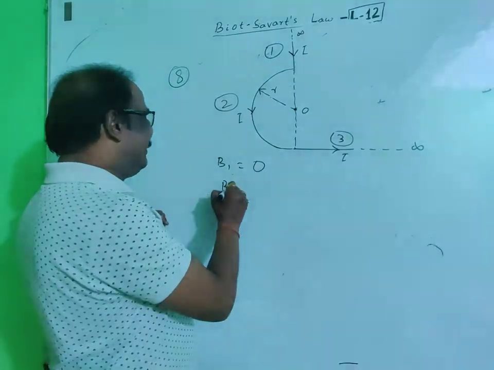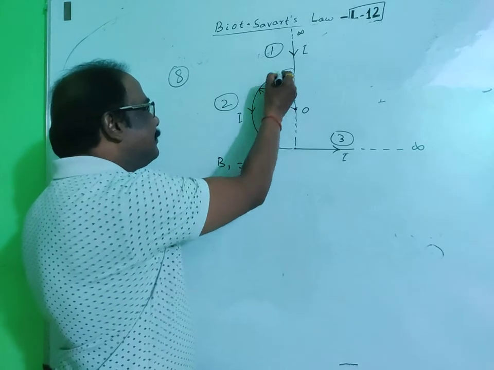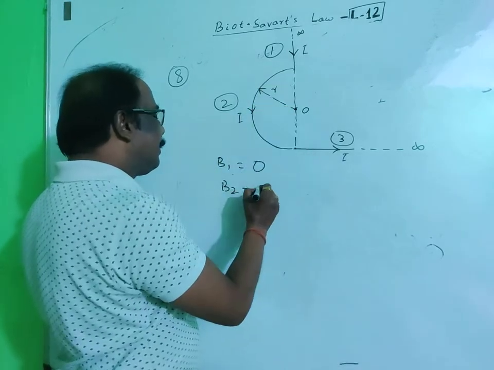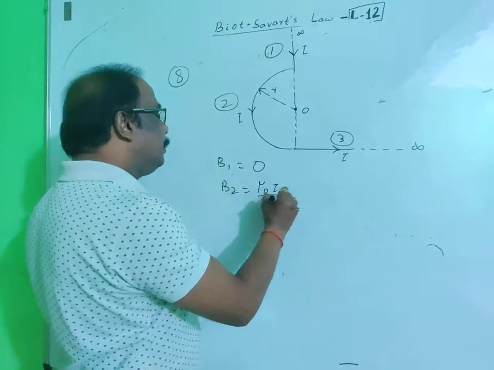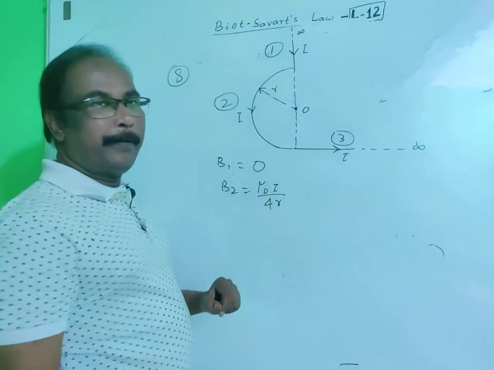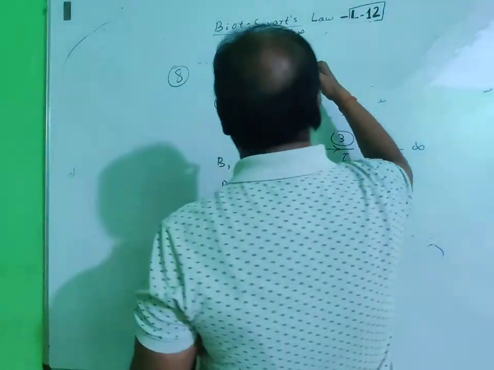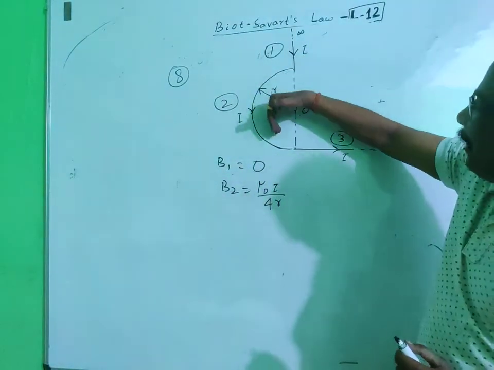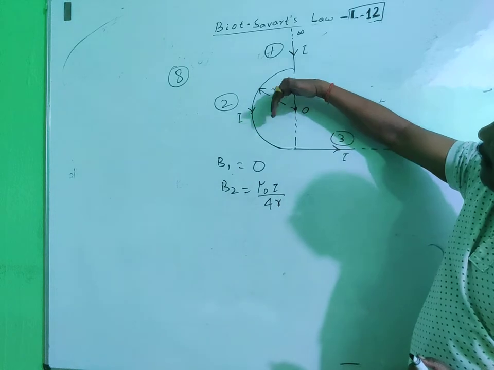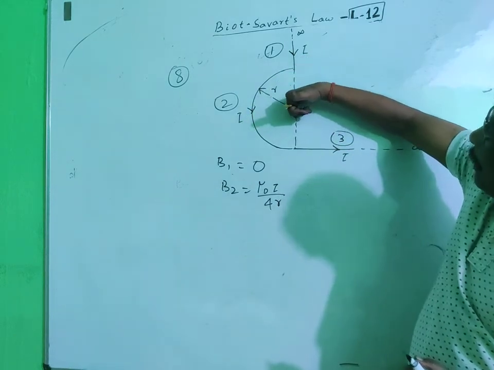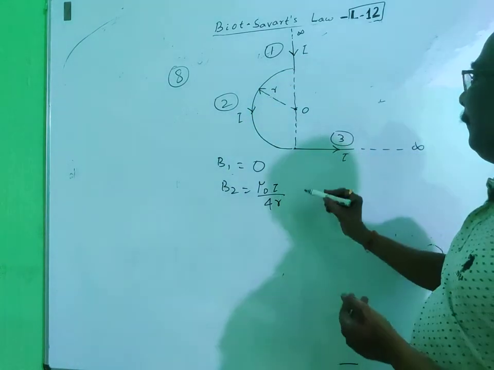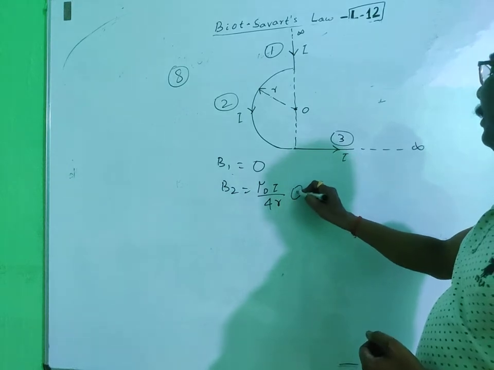Then B due to the semicircular part, at the center, is mu naught I by 4R. What is the direction at O? Current is flowing in anticlockwise order, curl your finger in anticlockwise order towards O, and direction is outward.